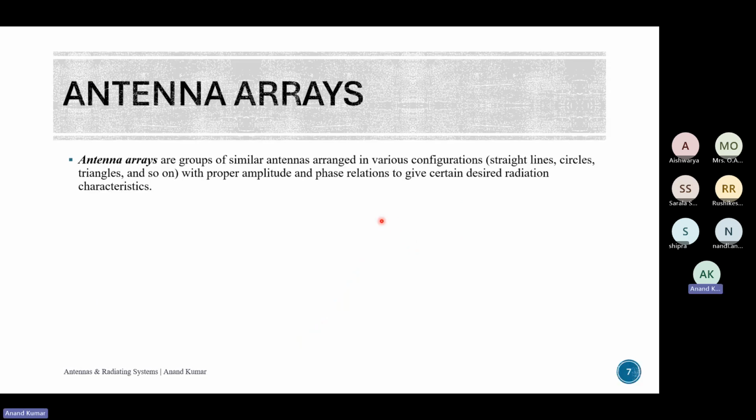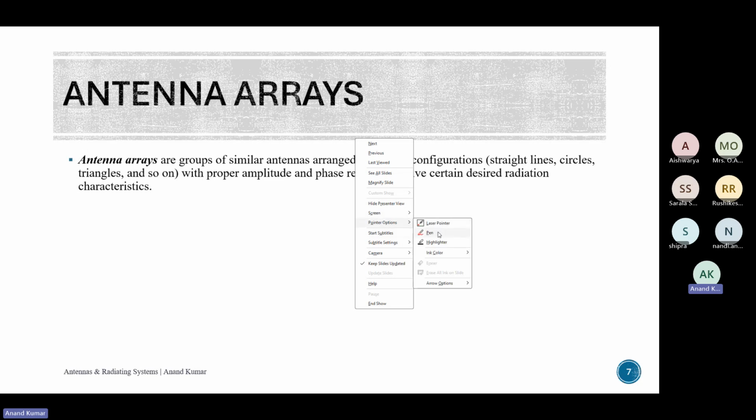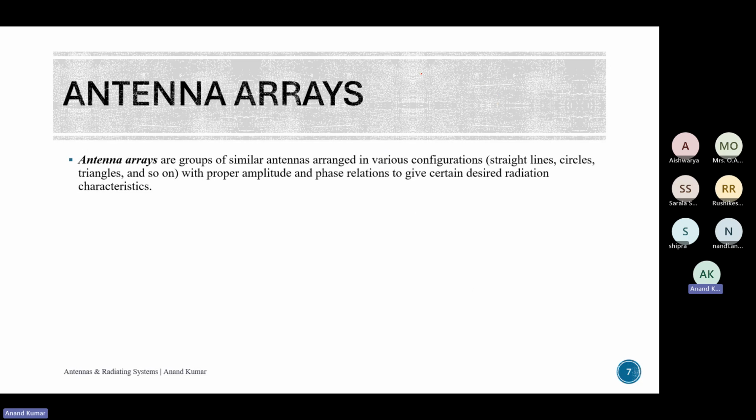So we're discussing arrays today, and antenna arrays are groups of similar antennas arranged in various configurations. Let me just use a pen. For example, say we have a patch antenna, and this radiates. But what if we want a customized pattern, or a higher gain, or some other function?